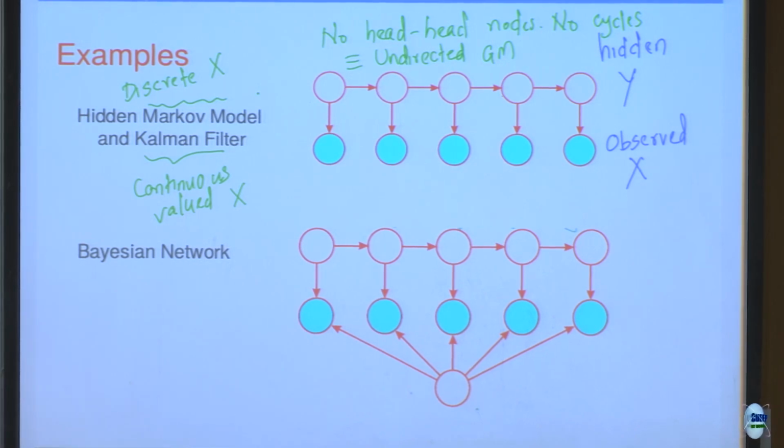What is the Markov blanket for a node X? So this is, let's say X. What would be the Markov blanket here? Just the neighbors, because we are dealing with undirected effectively, right? So it's just the neighbors, which means this is a Markov blanket.